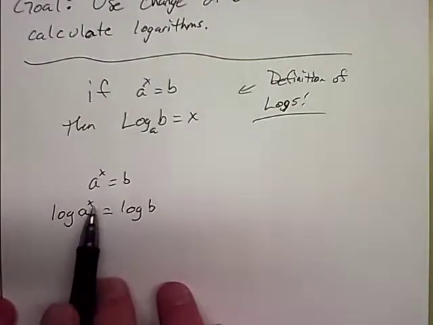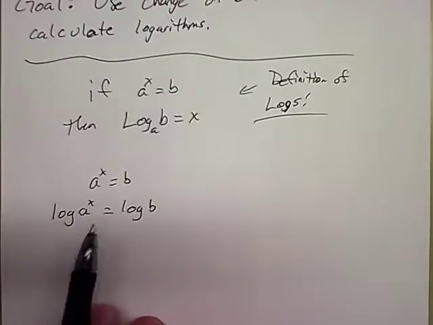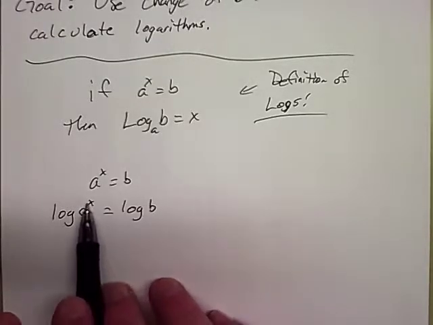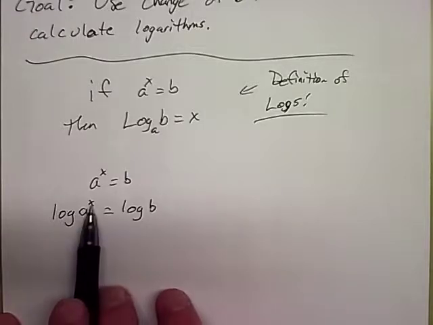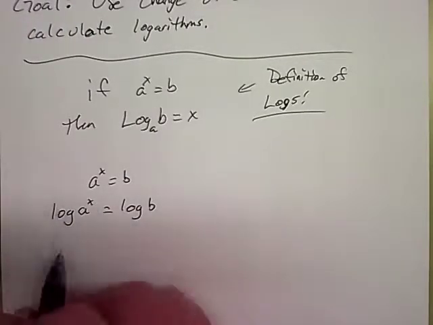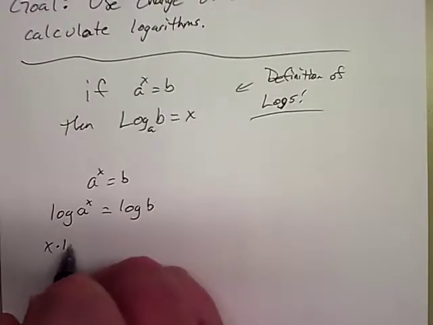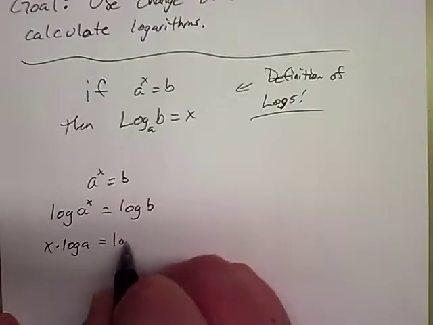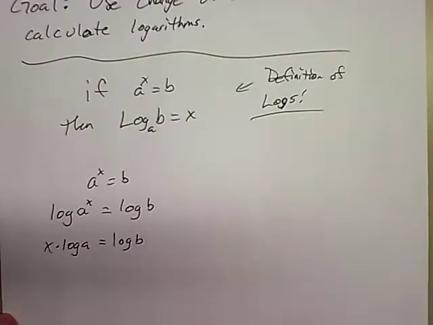And then what I'm going to do, since I don't have my notes, but you remember the exponential law of logarithms, or the exponential property, says if I have a variable in the exponent, the variable comes out front. So that x is going to come out front and be a multiplier times the log base 10 of a, and that whole thing is equal to the log of b.